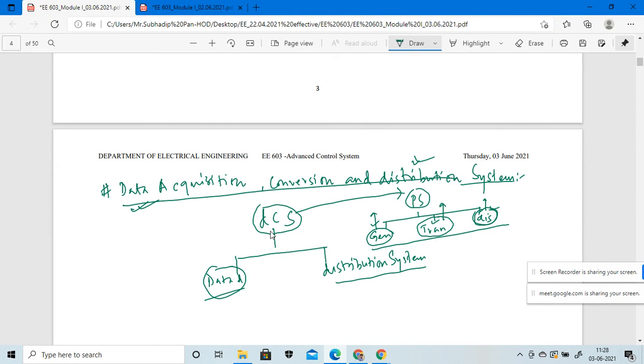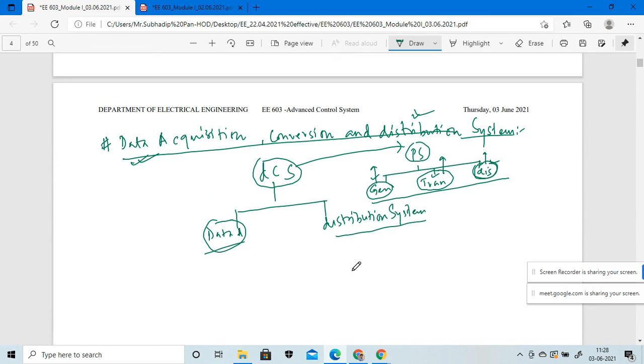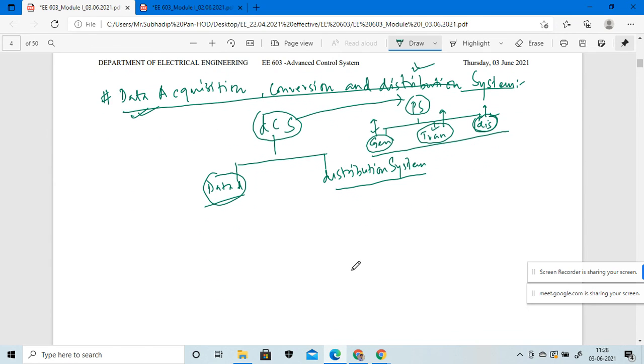So we can say that the signal conversion, whatever signal we are giving to the process, takes place in a digital control system, which will be involved in the following operations. So what are the operations we will take into consideration for dealing with the signal conversion? The signal conversion, either it should be analog to digital, or it should be digital to analog.